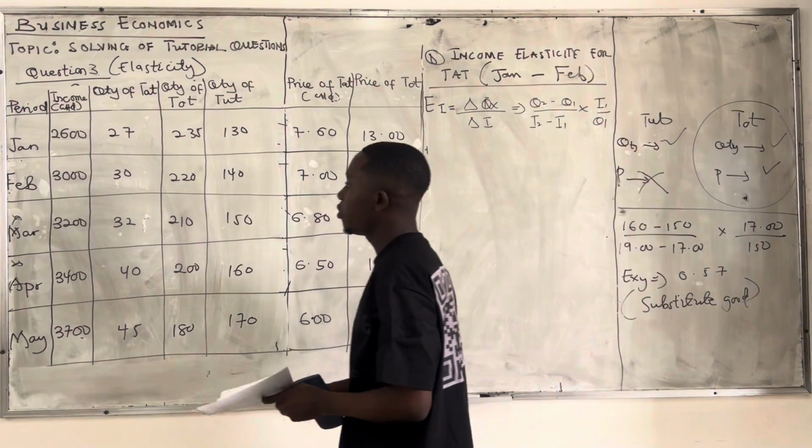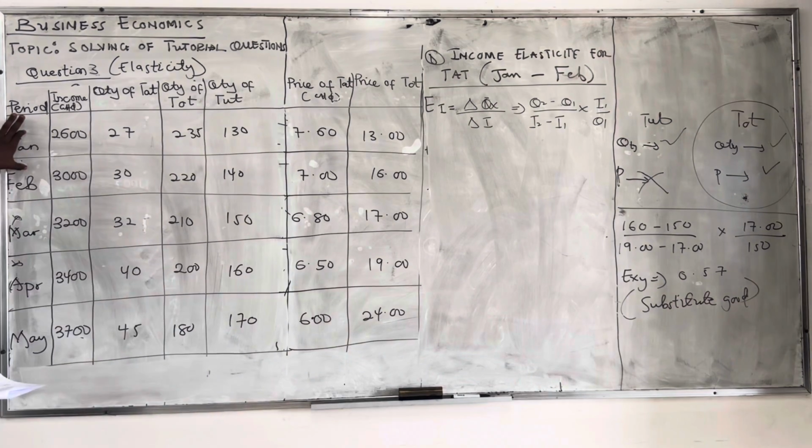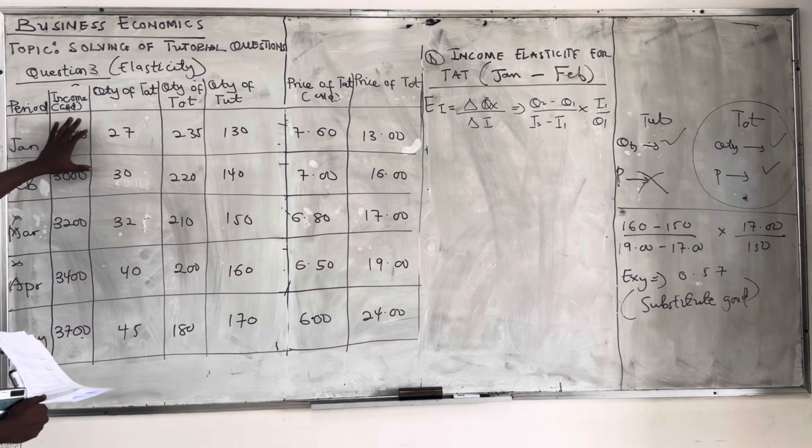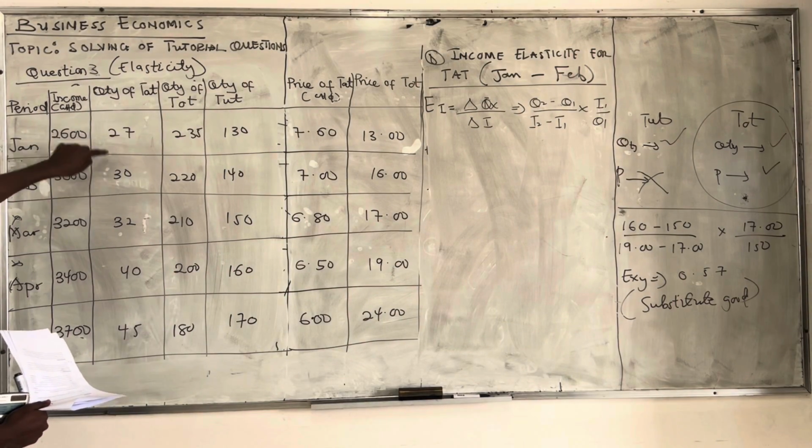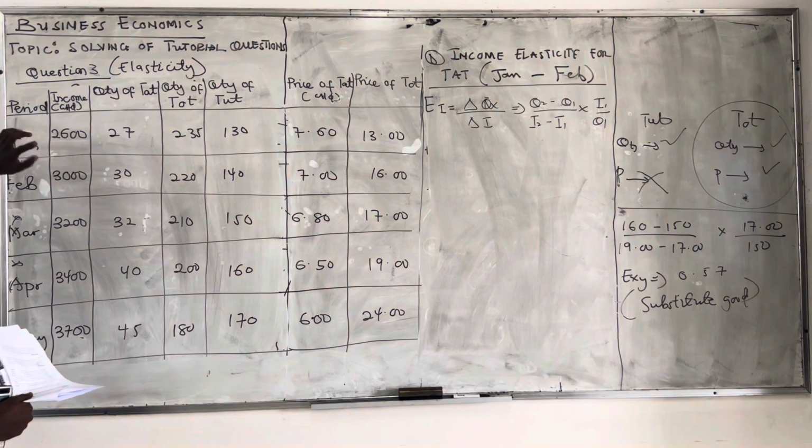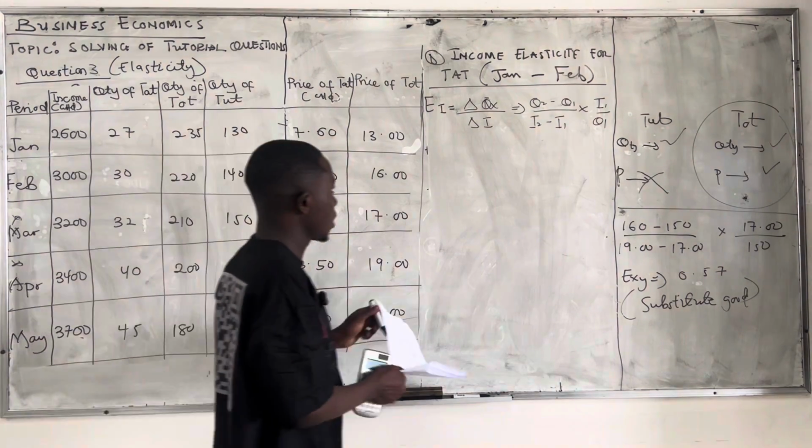So January and February. The top side is quantity. We are picking it for our tax, so you match it there. Current minus previous, so February minus January. So 30 minus 27.